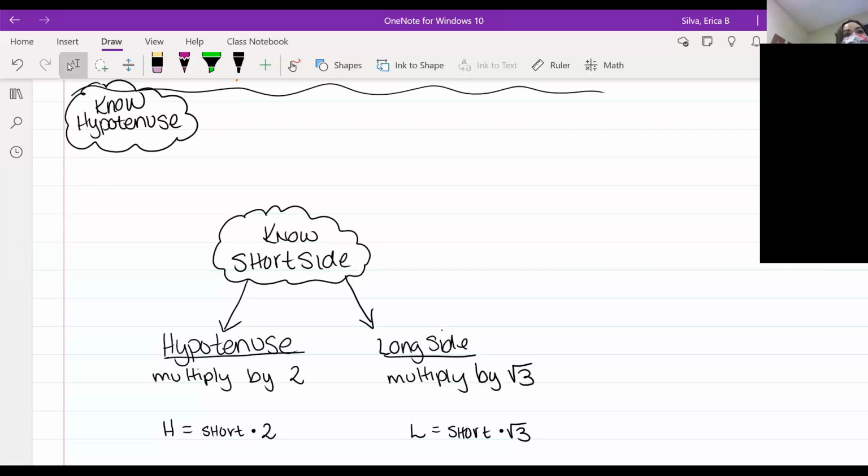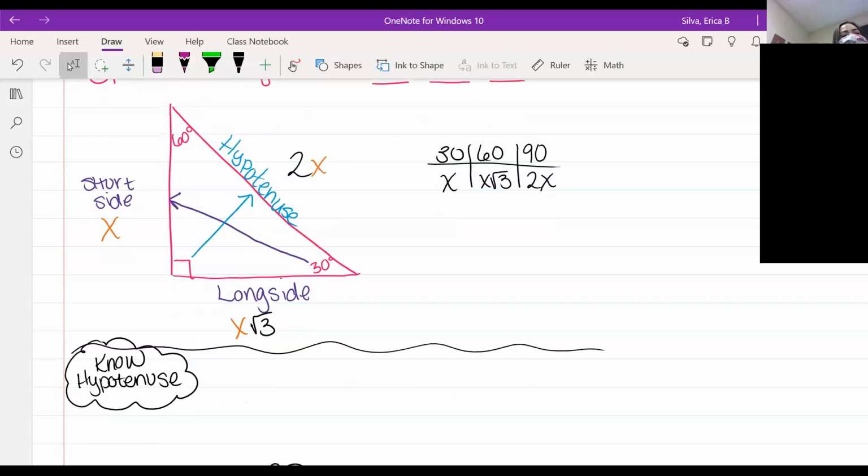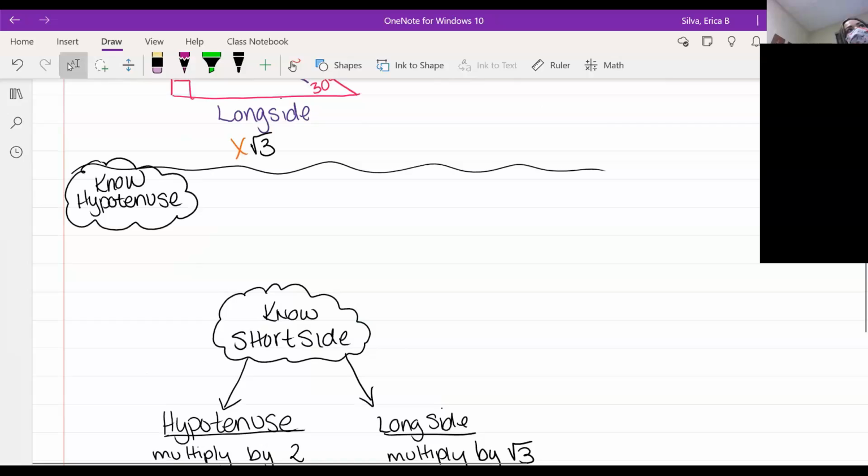But what if they give us our hypotenuse and we need to find the short side and the long side? Well, to find the short side, remember we have to go backwards. If we multiply the short side by 2 to get the hypotenuse, how can we go from the hypotenuse to the short side? What's the opposite of multiplying by 2?